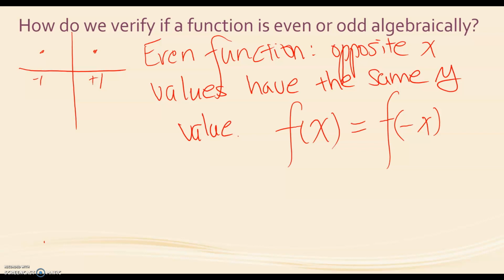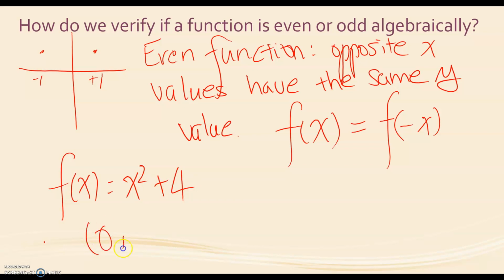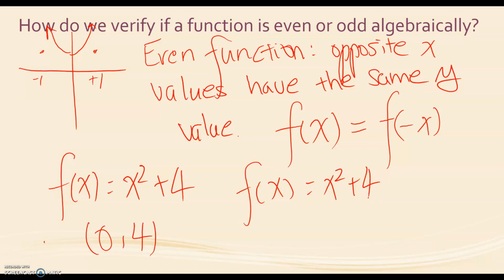So take the quadratic function we just talked about. I'm going to use one that I know for sure is even. This is a quadratic function with a vertex at (0, 4), which is on the y-axis, and the graph goes up. So we know this is an even function for sure. Let's verify that. I know f of x equals x squared plus 4. In order to show this is an even function, I have to figure out what f of -x is.